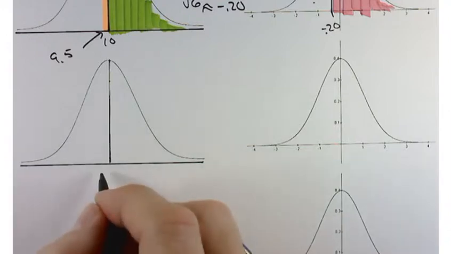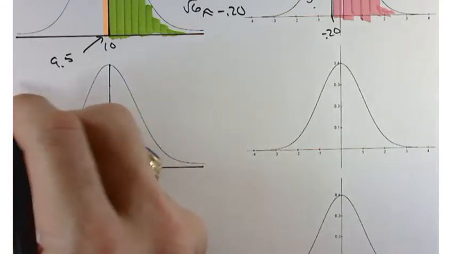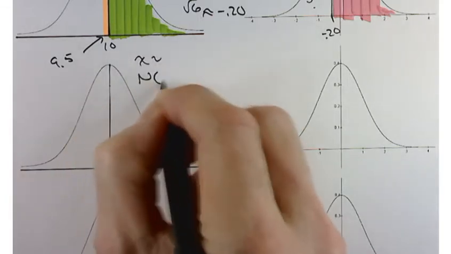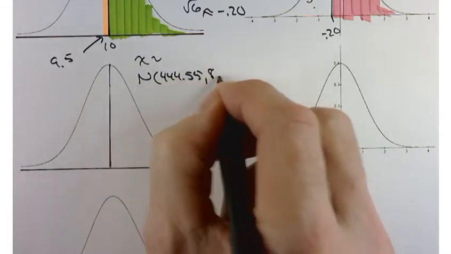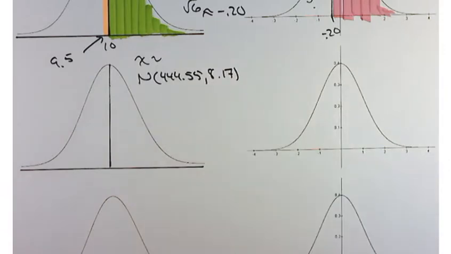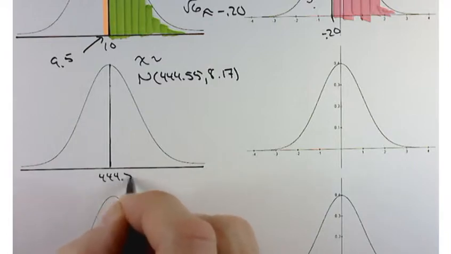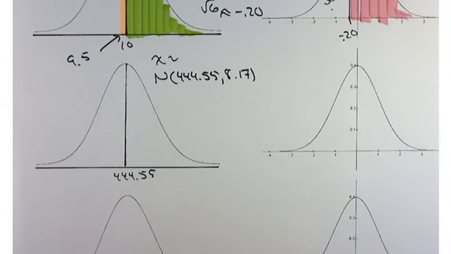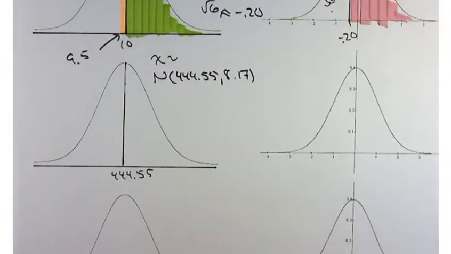All right, so the mean was 444.55. So X is distributed normally with a mean of 444.55 and a standard deviation of 8.17. We want the probability that we had at least 518 people.